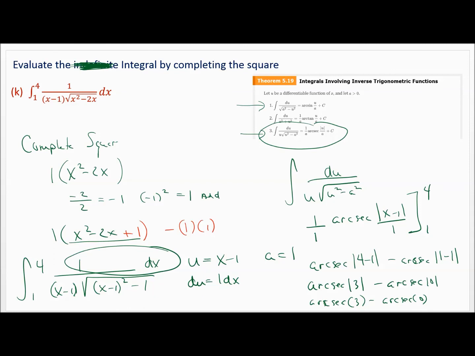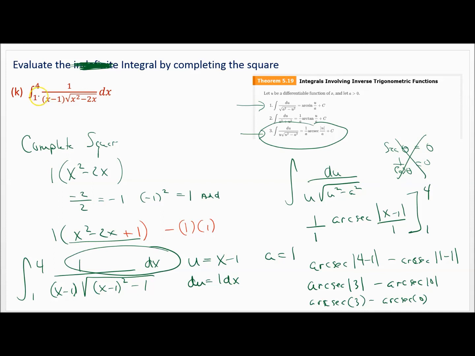It's just a typo, not in the solution. But you actually can't evaluate the arcsecant of 0. If you think about what that is, you're asking yourself, where is secant of theta equal to 0? The secant is 1 over the cosine of theta equals 0. That can't happen because you have a 1 in the numerator. That's impossible.